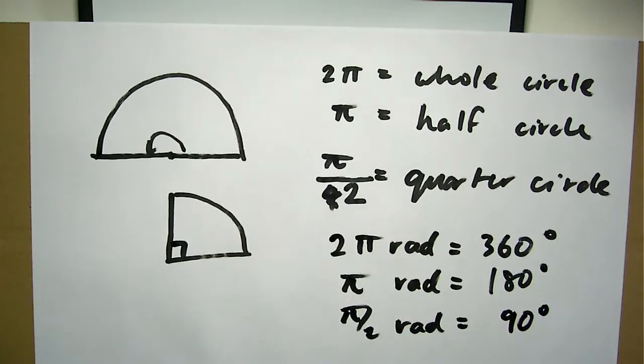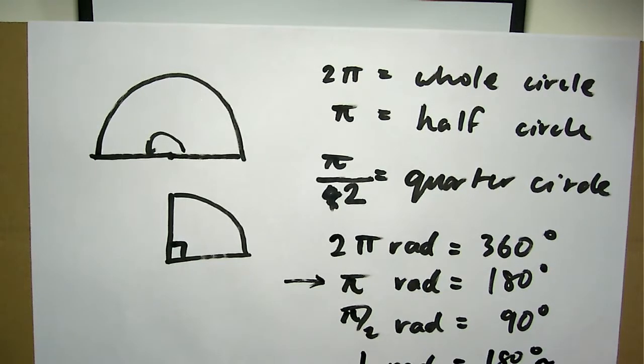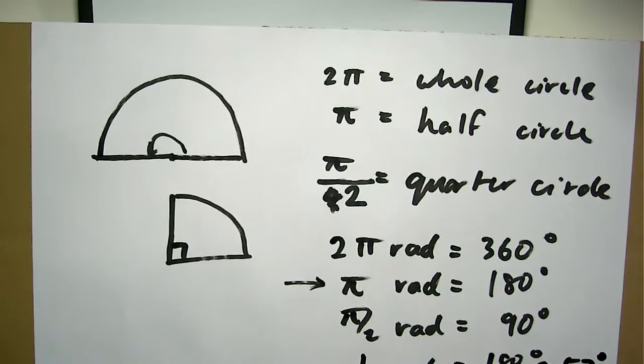Well, if we want 1 radian, we can start from this equation, and if we divide both sides by the number pi, then on the left side we get 1 radian, on the right hand side we get 180 over pi degrees. If you work out what this is on a calculator, you see that this is approximately 57 degrees, which is pretty close to 60 degrees.